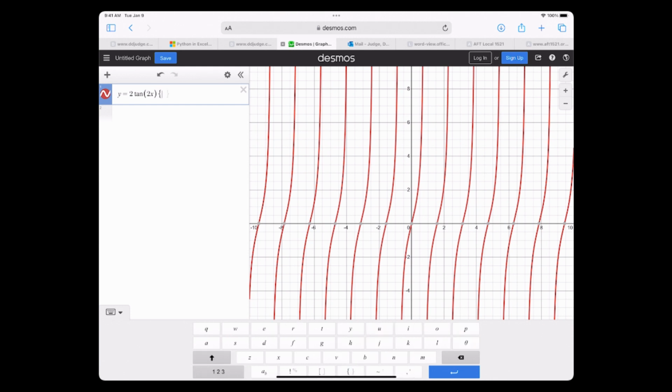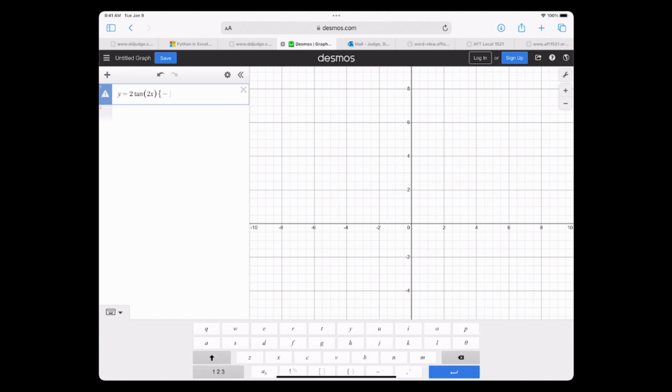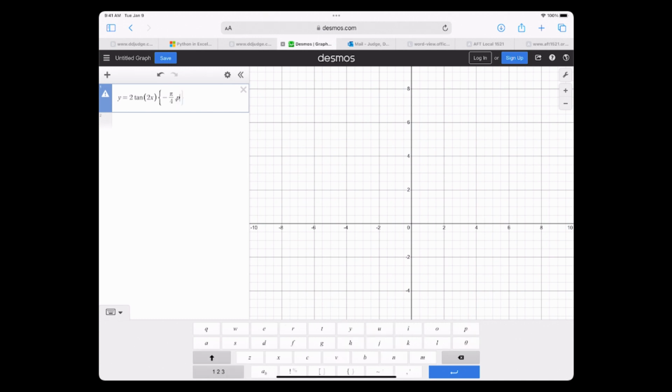And I believe that was going to be negative pi over 4, comma, positive pi over 4.